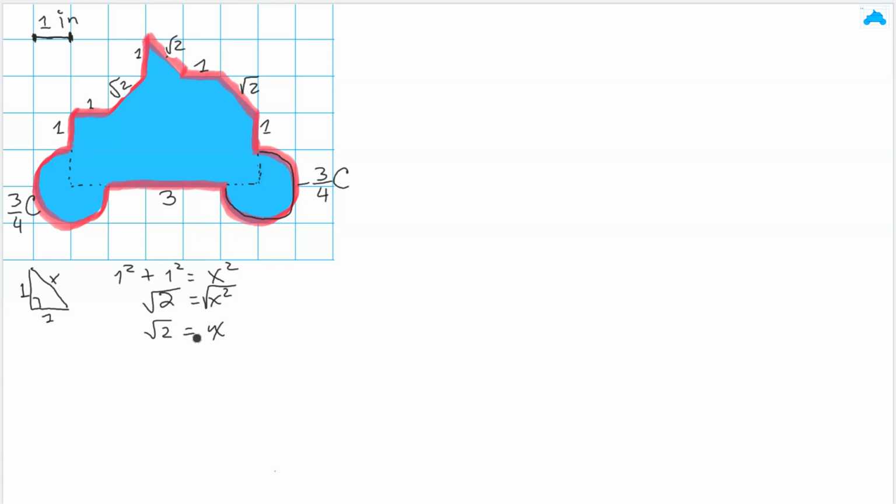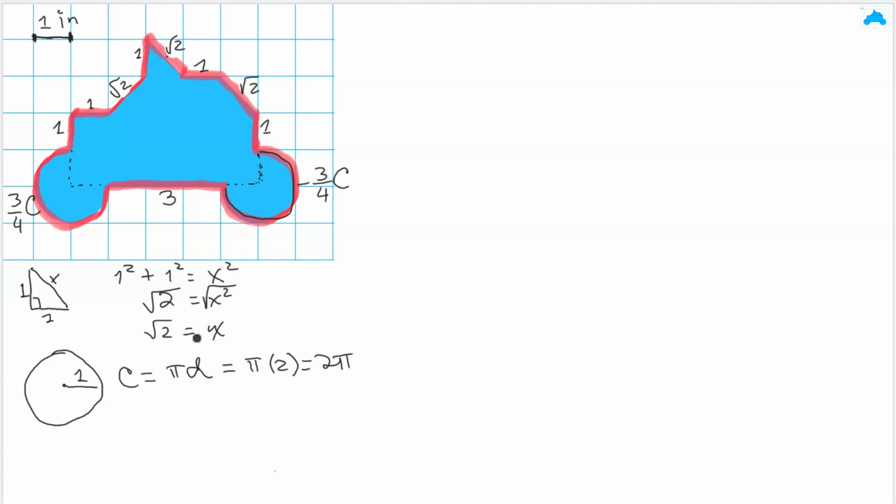All right, then the circumference of a circle. And what kind of circle is that? That's a circle with radius 1, as you can see. The radius is right here, that's 1. So the circumference is pi times the diameter. If the radius is 1, the diameter is 2. So pi times 2, and that is 2 pi.